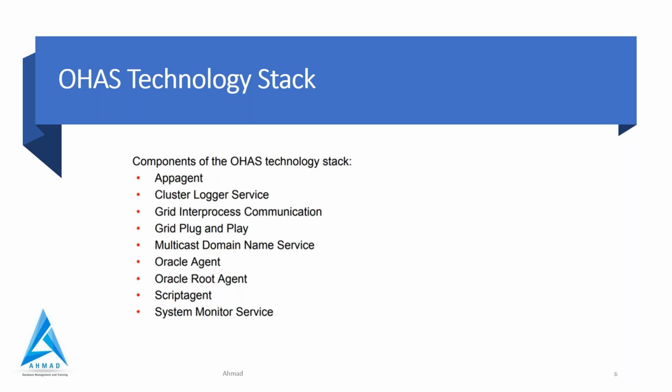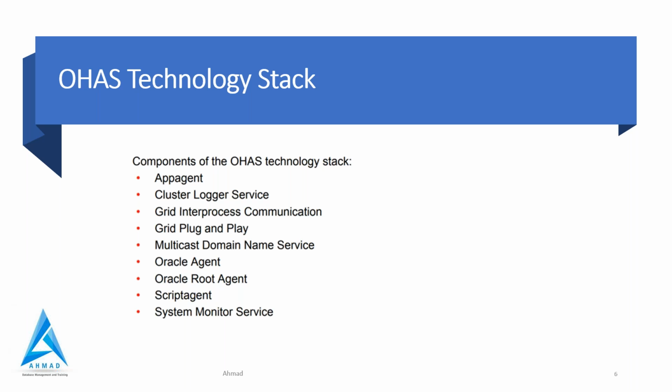Next time if you are appearing for an interview and the interviewer asks, tell me the OHAS components, you can tell all these. And when he asks for more detail, you can give a one line definition. Grid plug and play is a component that helps manage the profile, and that profile is for every node and tells about the node information.